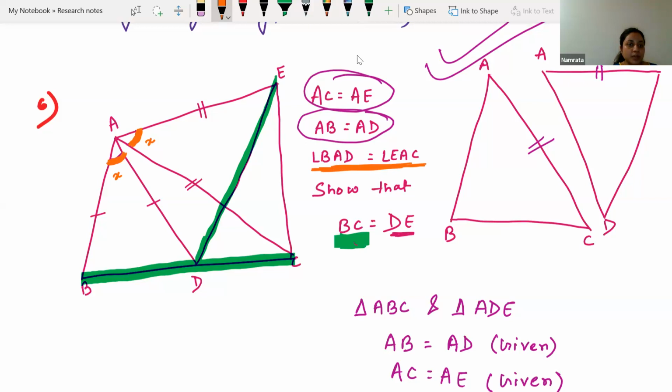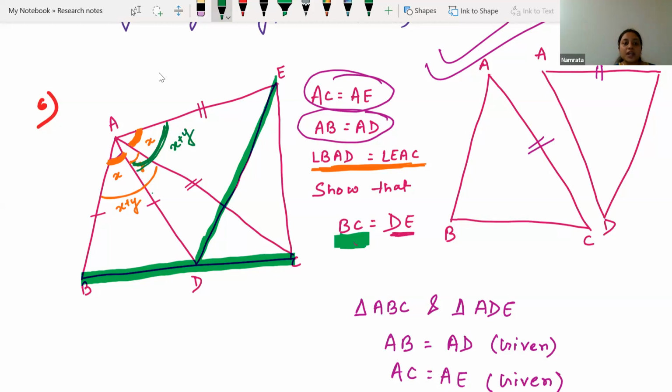Now, if I'm taking the middle angle as Y, then can we say this total angle is X plus Y? Yes. And similarly, can we say this total angle, the green one, is X plus Y? Yes.